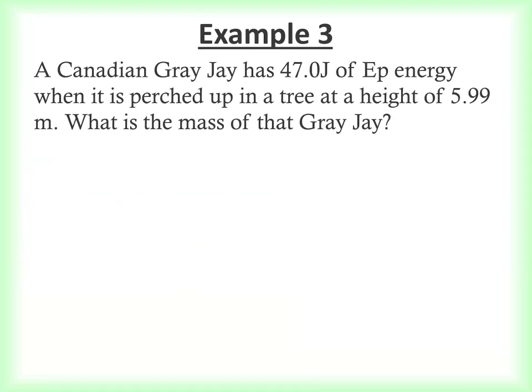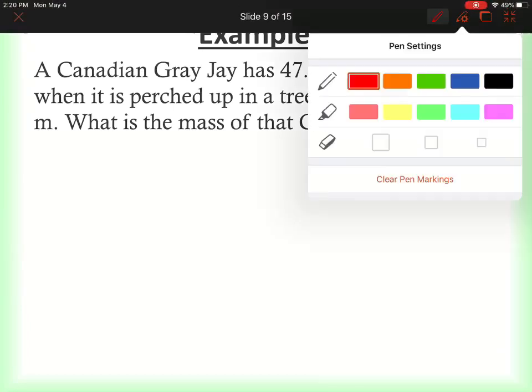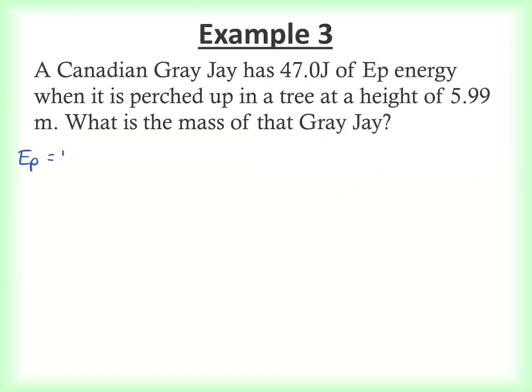So, a Canadian Grey Jay has 47 joules of potential energy. Again, I'm going to write that down. That just gave me the potential energy, 47.0 joules. Let's take note that that's 3 significant digits. That's when it's perched up at a tree at a height of 5.99 meters. Fun. So my height is 5.99 meters, also 3 significant digits.